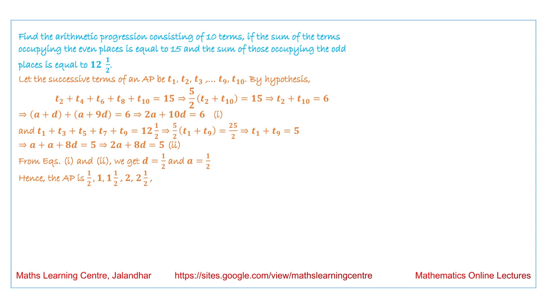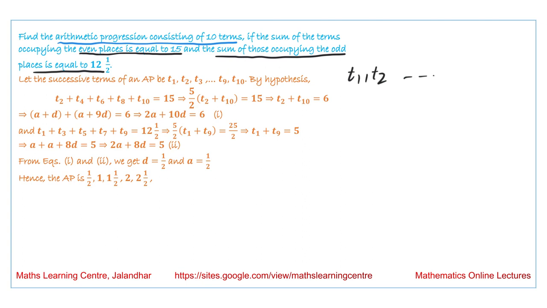Now next we have: find the arithmetic progression consisting of 10 terms if the sum of the terms occupying the even places is equal to 15 and the sum of those occupying the odd places is equal to 12 whole 1 by 2. So we are talking about T1, T2, so on up to T10. There are a total of 10 terms.